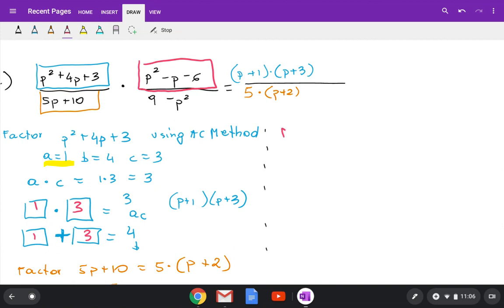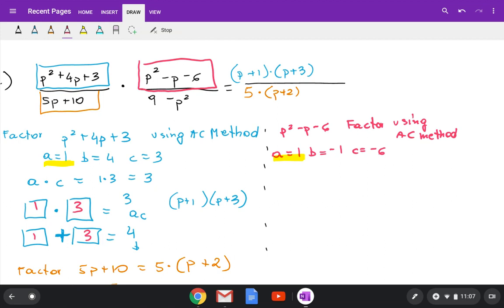So p squared minus p minus 6, factor the same thing using the AC method. So A is the coefficient in front of p squared, which is 1. B is the coefficient in front of p, which is negative 1. C is the number which is by itself, which is negative 6. Again, this is the easy case because that leading coefficient is 1. Okay, so that's the fast case.